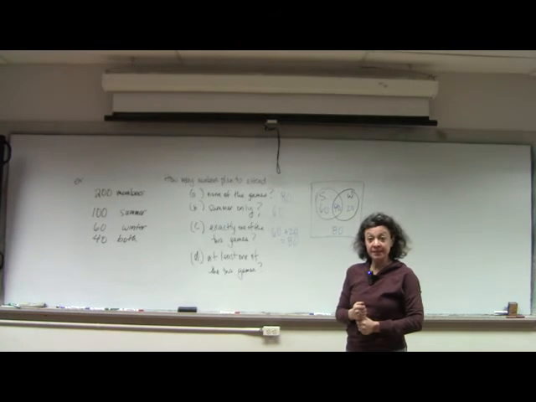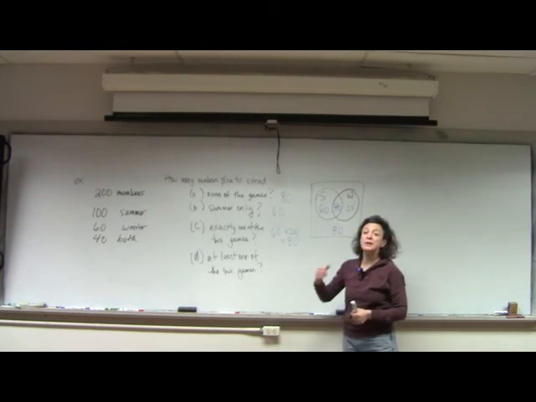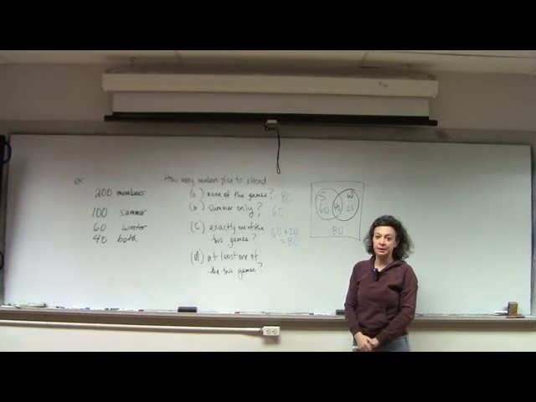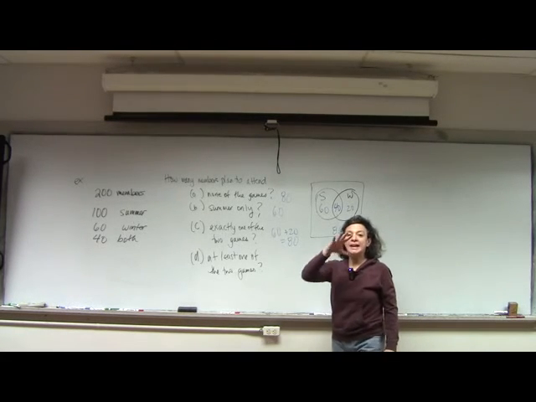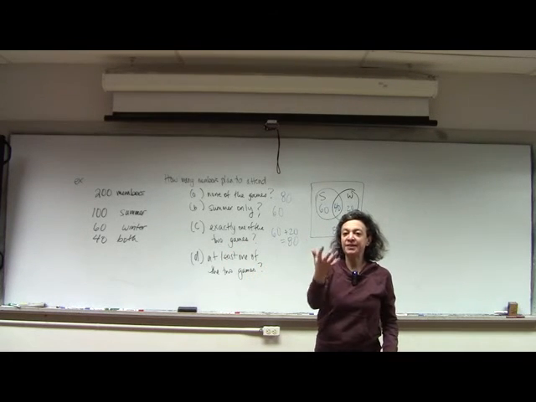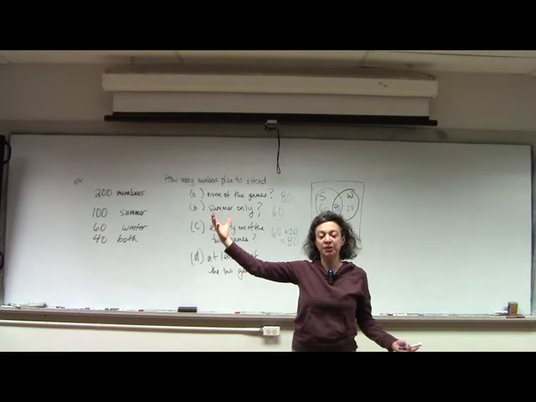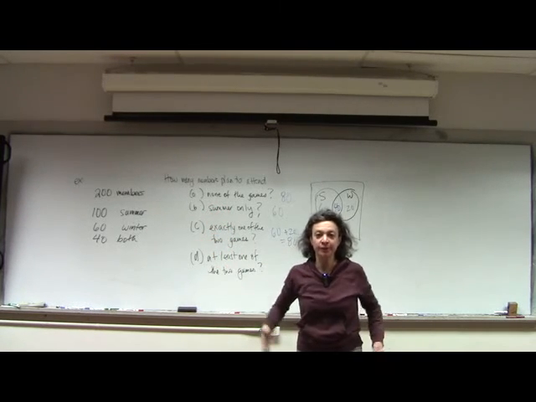Last but not least, we want to talk about how many people are going to at least one of the two games. Now, when you say at least something, what you're talking about is that amount or greater. So if I'm at least 10 years old, I'm 10 or older.